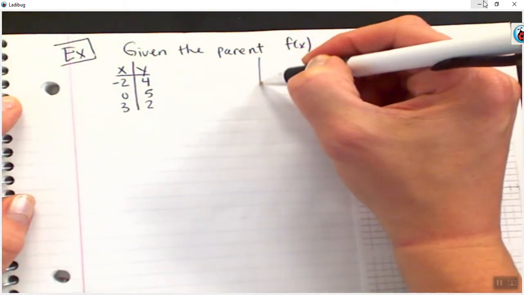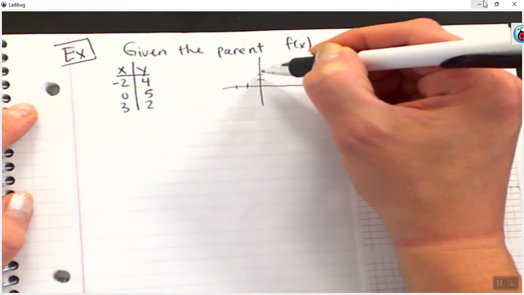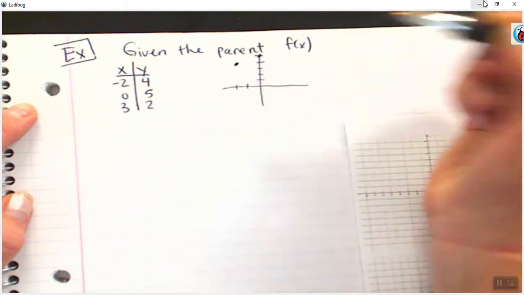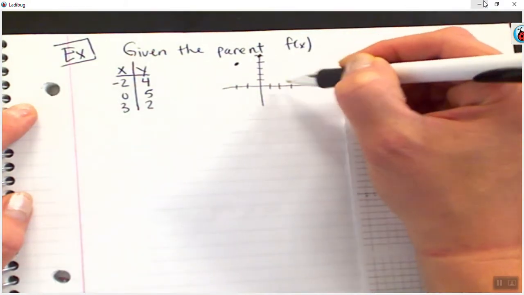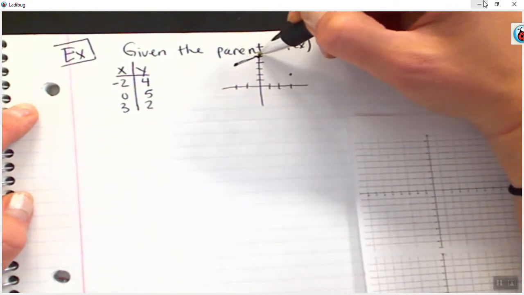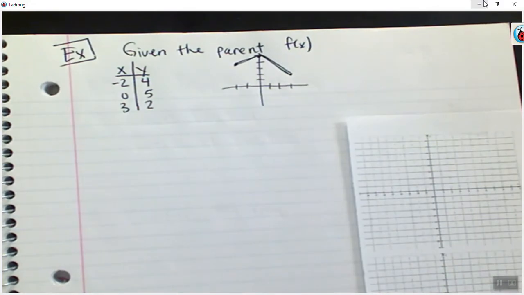So it's 3 points, 2 line segments. That's f of x.